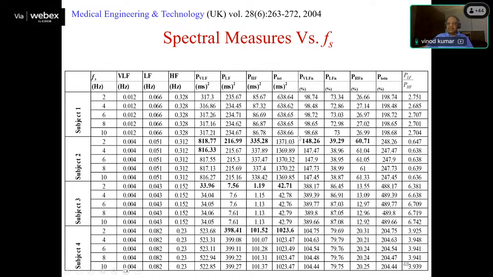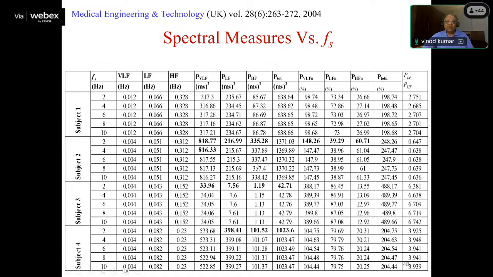See, this decision is sometimes taken by judgment. Sometimes we define a method that when, for the sampling frequency in more than 50% of the cases, the ratio between PLF and PHF is within 0.1% or 1%, that sampling frequency is good for my work.